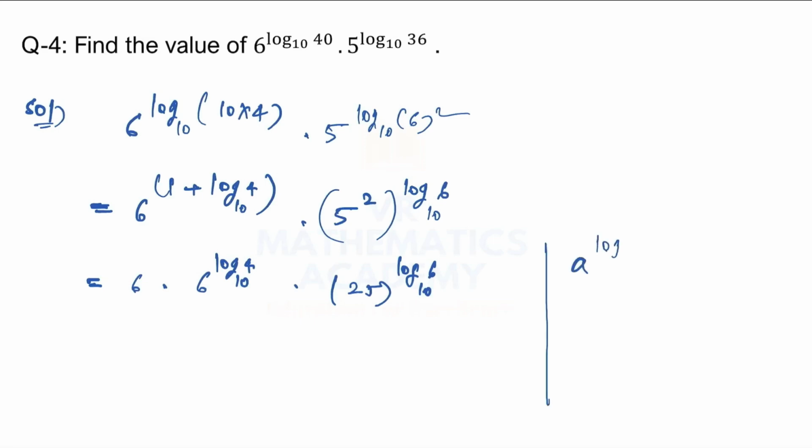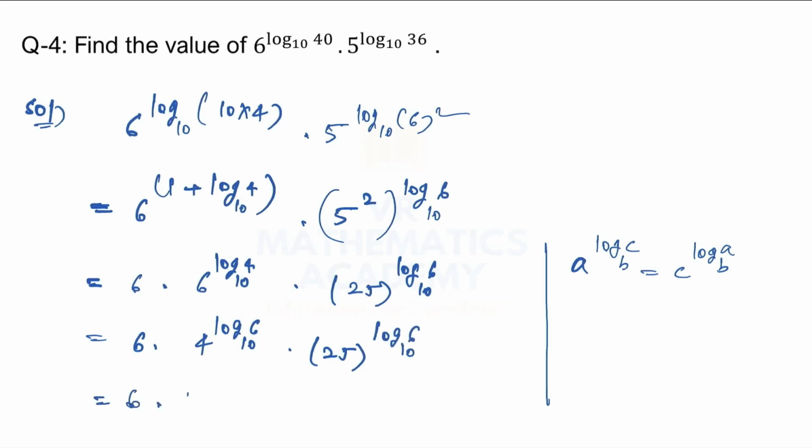Since we know that a raised to the power log c base b can be written as c raised to the power log a base b, in the same way we can write down 6 into 6 raised to the power log 4 as 4 raised to the power log 6 with base 10, and 25 raised to the power log of 6 with base 10. So now this will be 6 into 4 into 25, because both have the same exponent, log of 6 base 10, and 25 into 4 is 100.